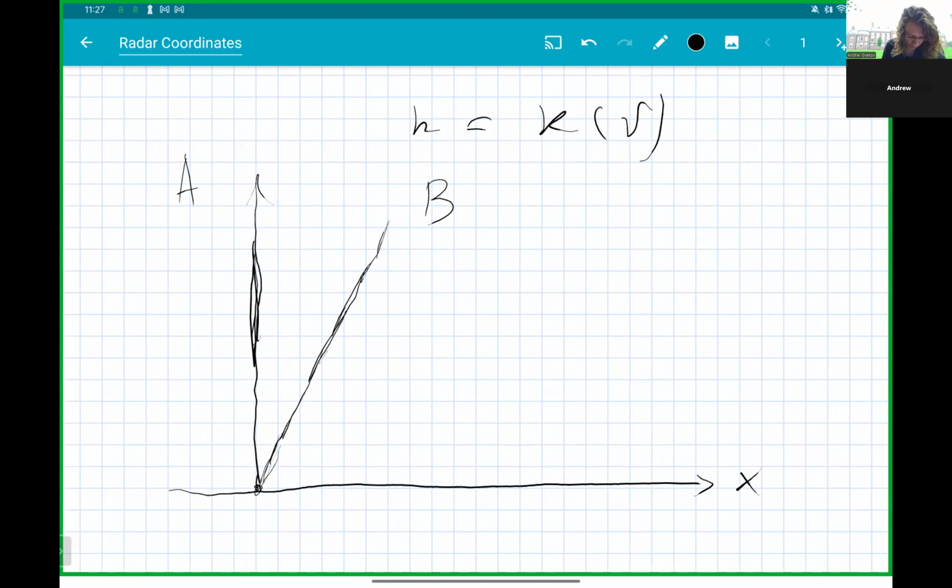So she emits a light ray at some moment. Then let's say the light ray hits Bob at position X and moment T, and then it reflects and returns back to Alice like this.